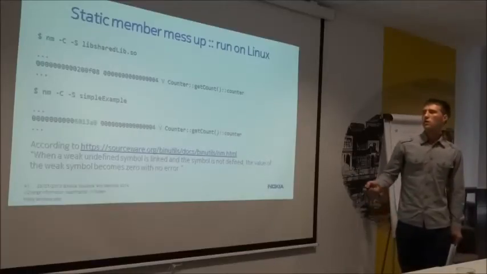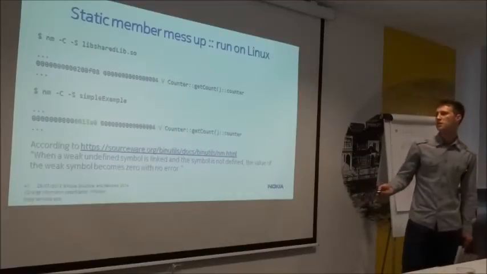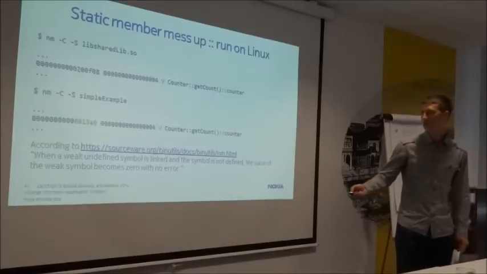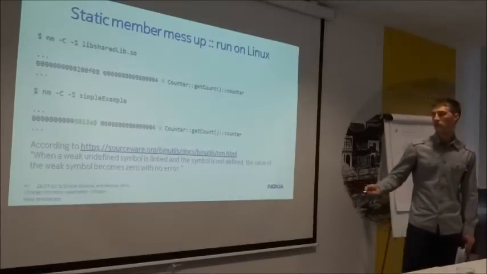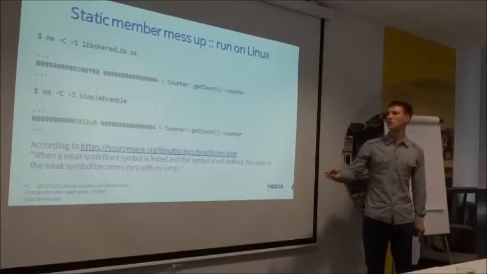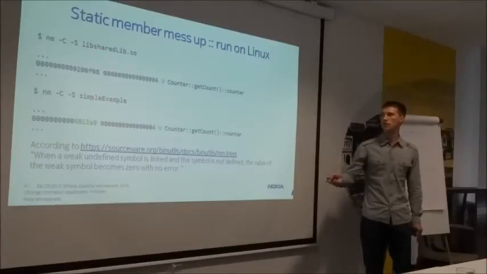According to the description, when a weak undefined symbol is linked and the symbol is not defined, the value of the weak symbol becomes 0 with no error. It means that it's up to the linker to choose one of these two symbols, from the shared library or from the executable, and it will resolve it with no error.